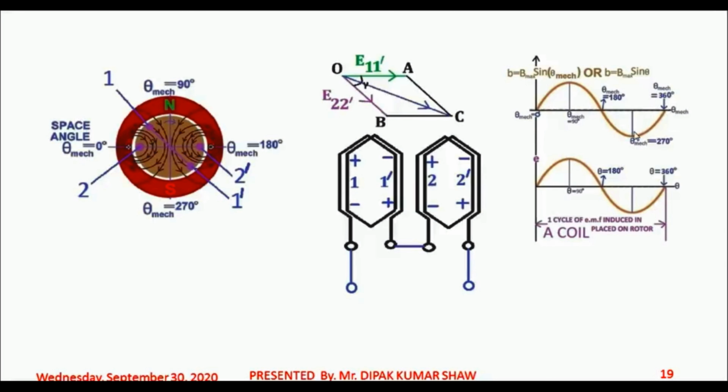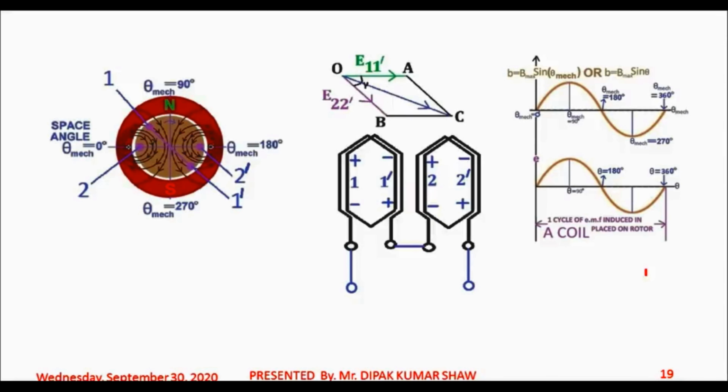We are only considering the fundamental component of flux distribution, and that is sinusoidal. So depending upon the value of theta mechanical, you can locate any point in the air gap periphery.